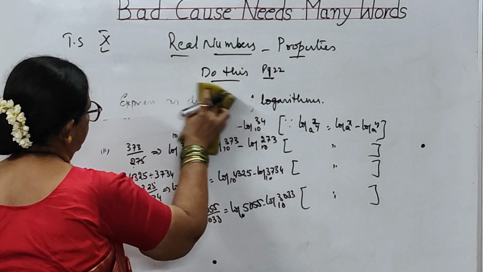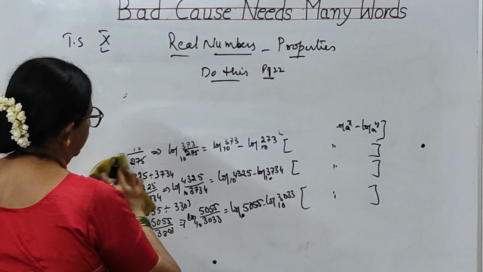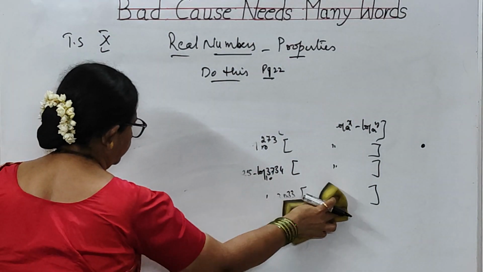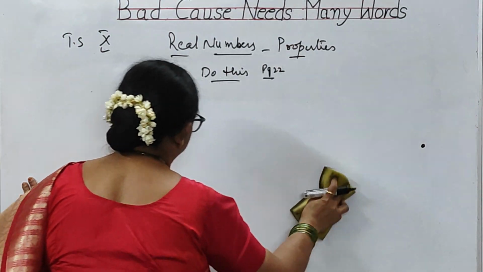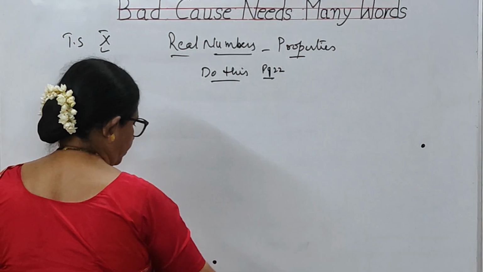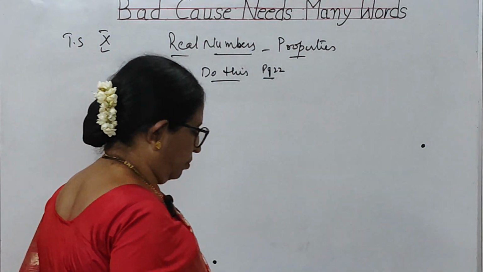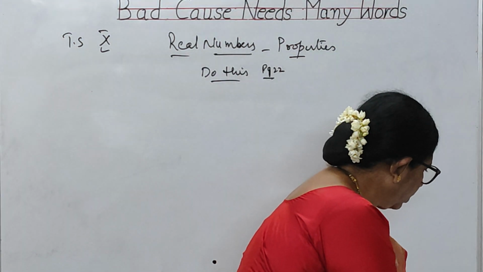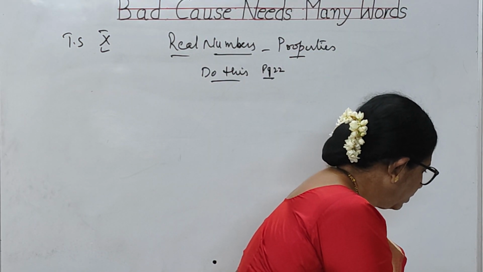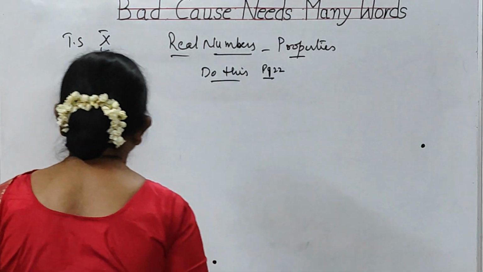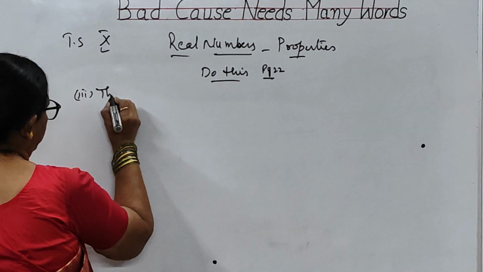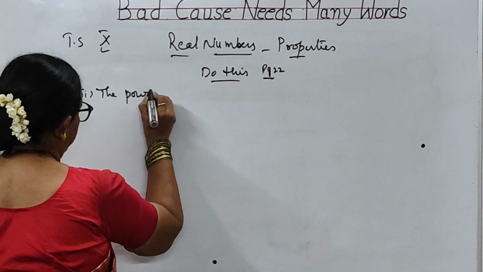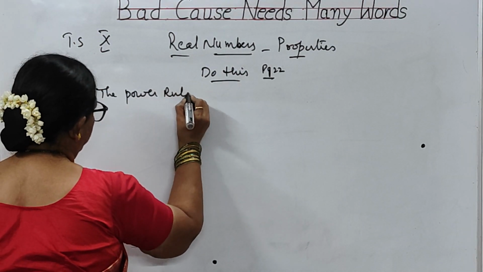Now, you have another rule, children, that is the third one, the power rule.